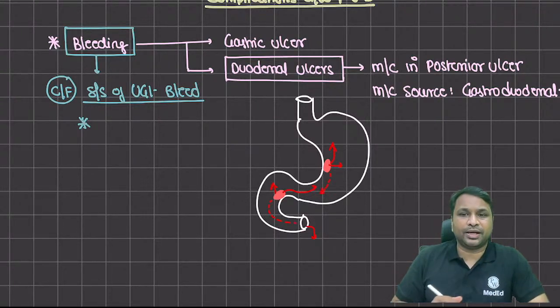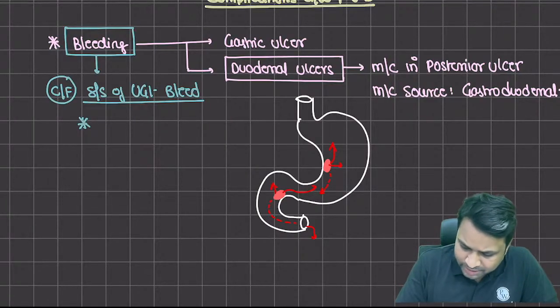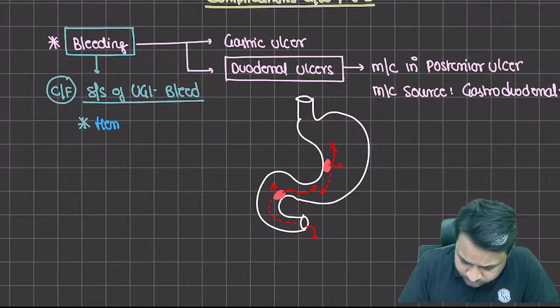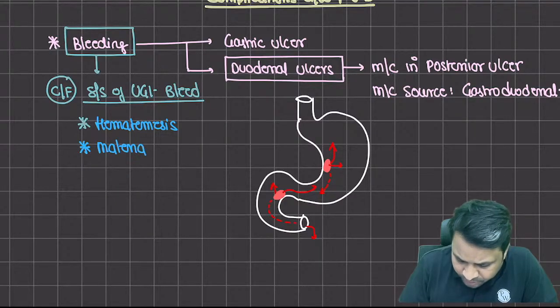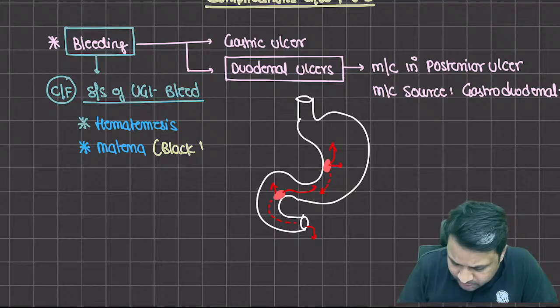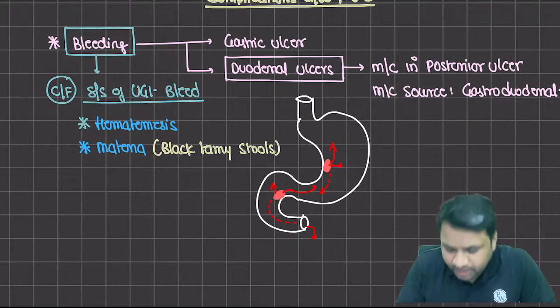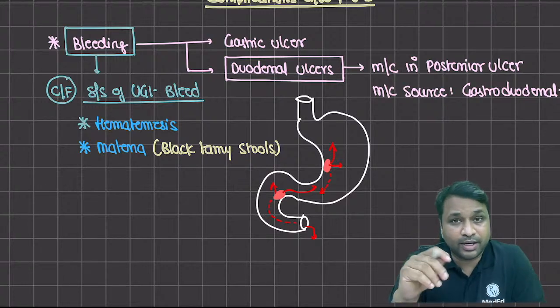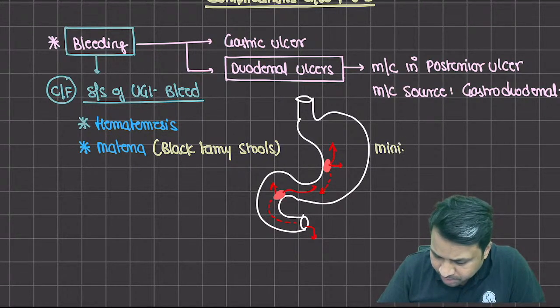So what impact is it going to create? The patient will present to you with hematemesis. Along with hematemesis, the blood that goes down will cause melena. I hope everybody knows melena is black tarry stools. And remember the minimum amount of blood required to cause melena, that's also important.